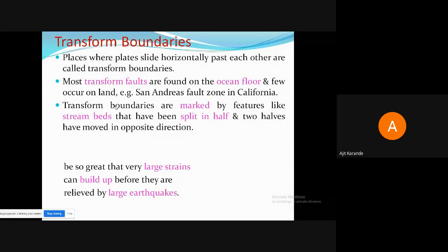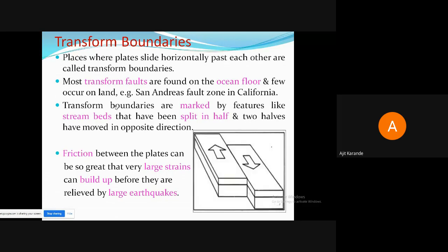Now, these transform boundaries are marked by features like stream beds that have been split in halves, and the two halves have been moved in opposite directions. So let's see the image, then you will be able to understand how the plates move.